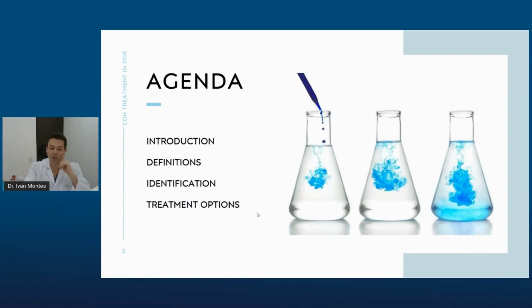The definitions related, or a lot of definitions that exist surrounding the poor ovarian response, poor ovarian reserve, or ovarian insufficiency. We're going to identify the type of patients that we're going to treat and also the treatment options.